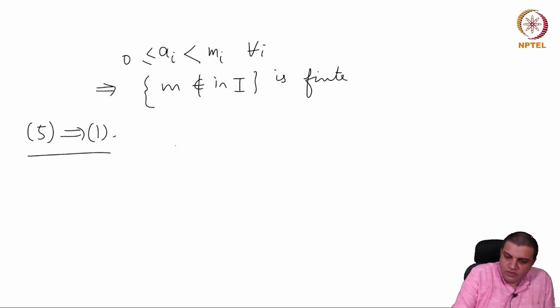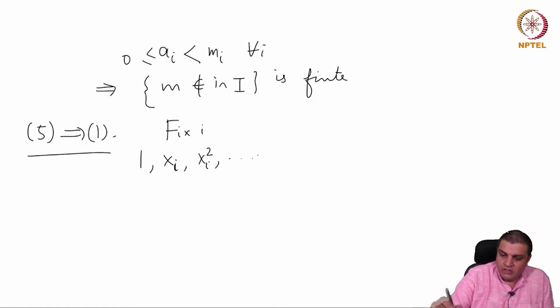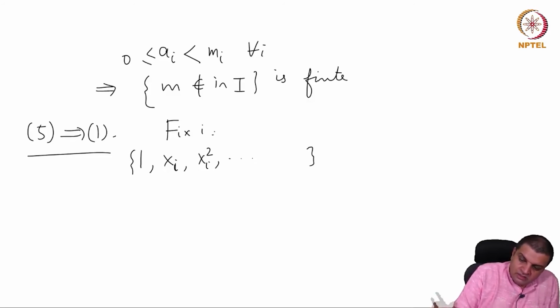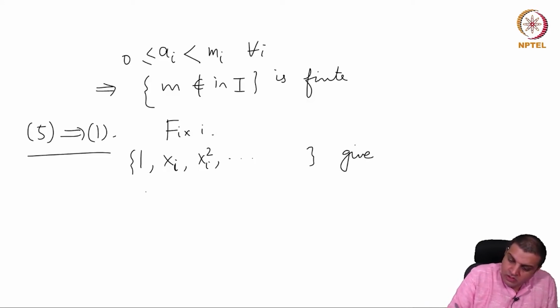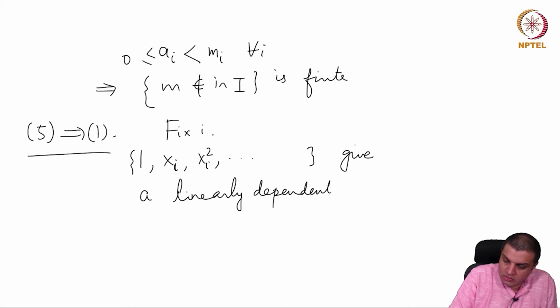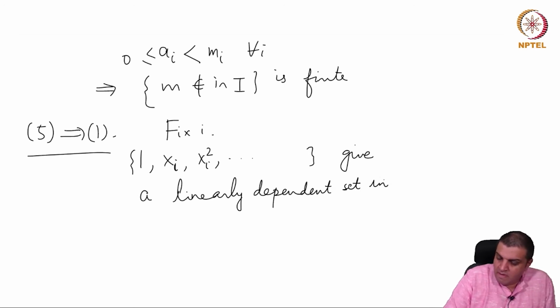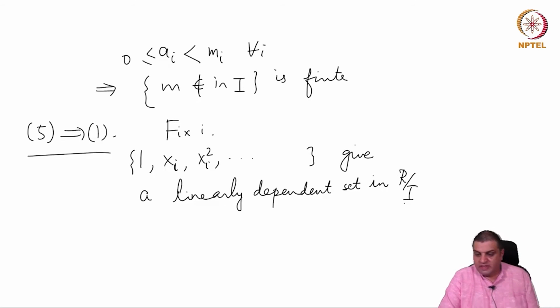Let's fix some i. Let's look at 1, xi, xi squared, and so on. Consider this subset of monomials inside R. These give a linearly dependent set in R mod I, because R mod I is finite dimensional.